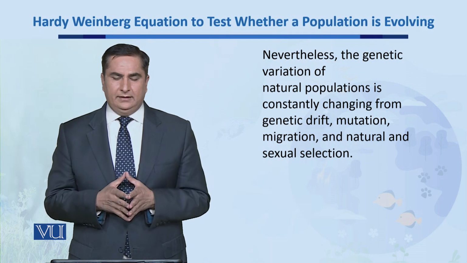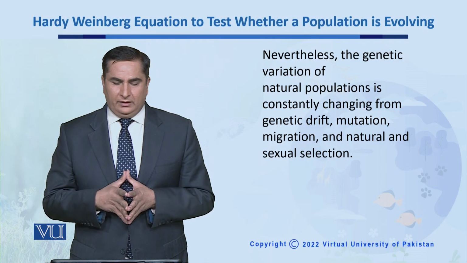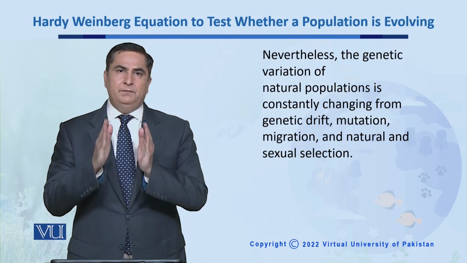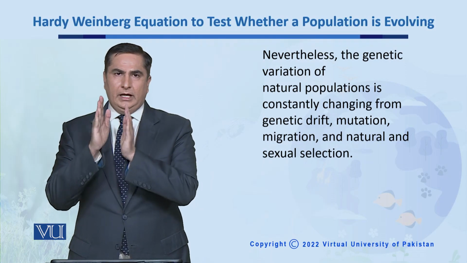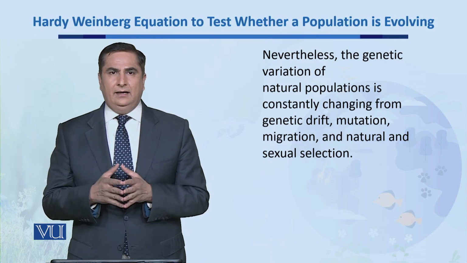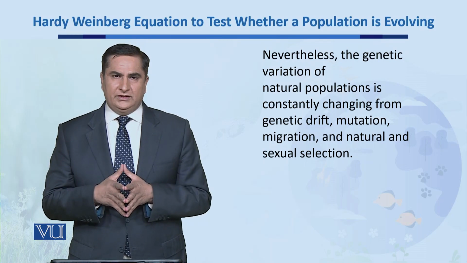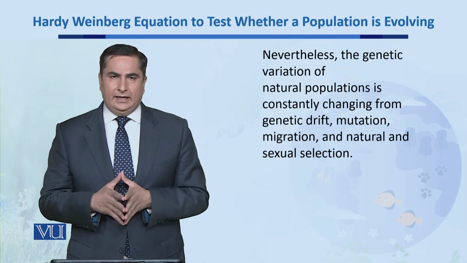So all these factors are basically responsible for genetic variation in a natural population. If a population is not following Hardy-Weinberg equilibrium, it means that any one of these factors is working in that population, resulting in a change in its genetic variation.